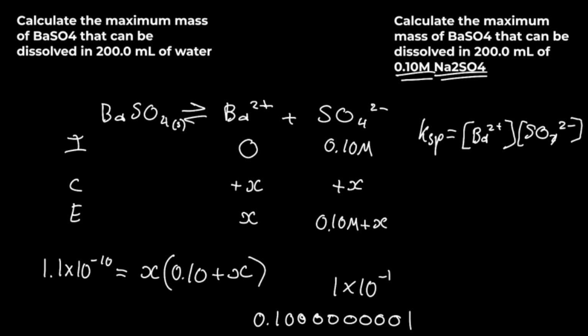It's still 0.1. That is why we can disregard the X in the brackets, the one on the inside, not the one on the outside.